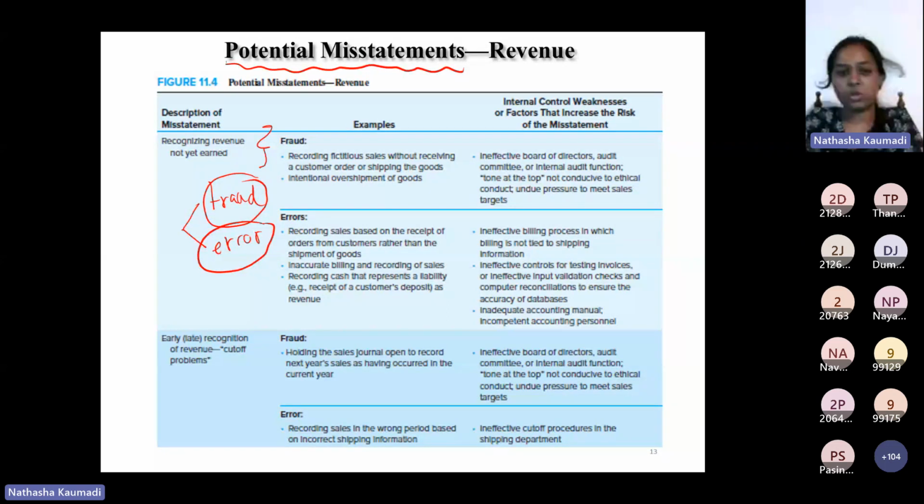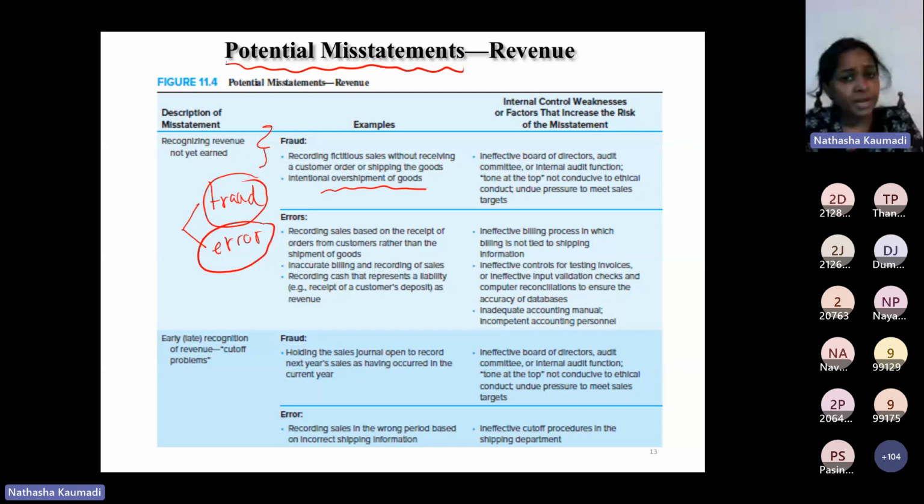You don't have a sales order or shipped goods, but still you have recorded a sale. Another is intentional overshipment of goods. There can be agreements with the customer, or changes in the shipments where you get additional goods from the company. Then the managers can sell them individually and earn money. There can be frauds like that.